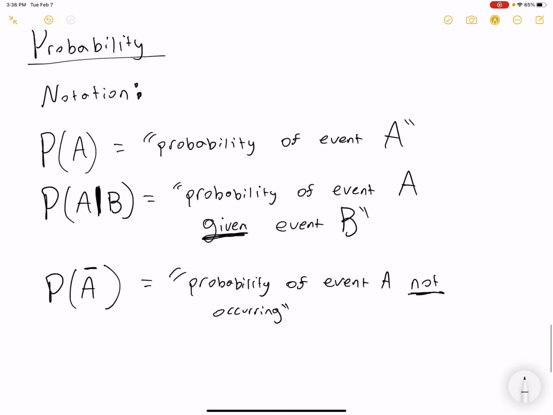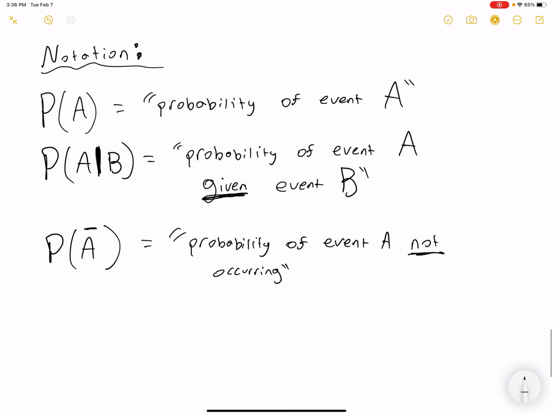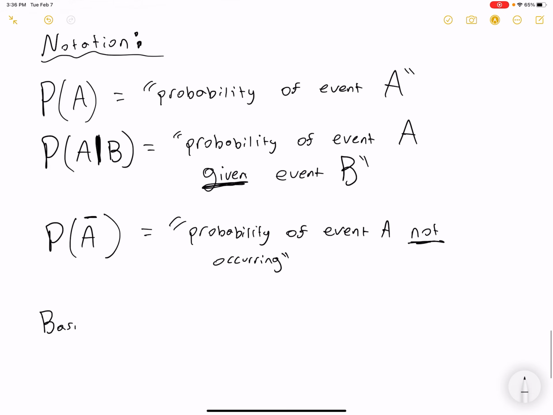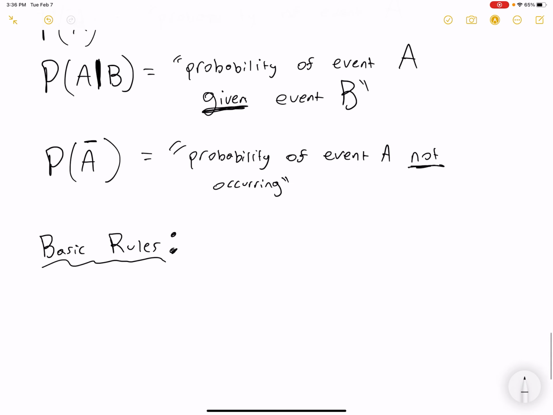There's a few basic rules which are supposed to be intuitive. They start off intuitive, but then they get kind of unintuitive. So starting with the intuitive ones, the sum of probabilities in an event space equals 1.